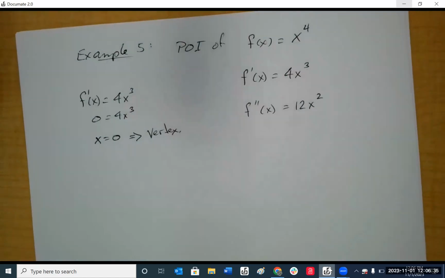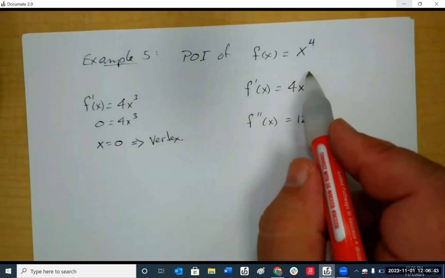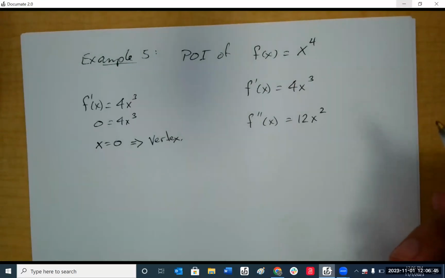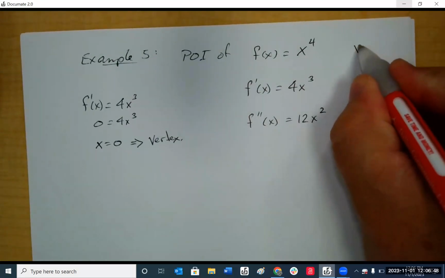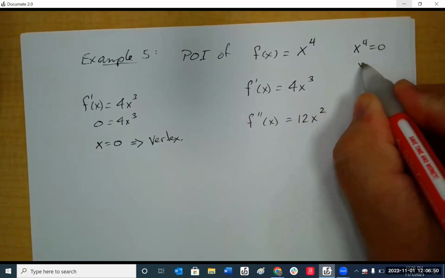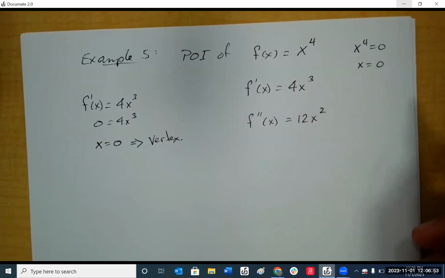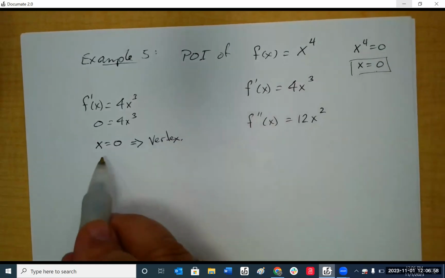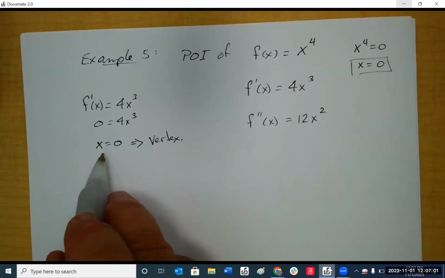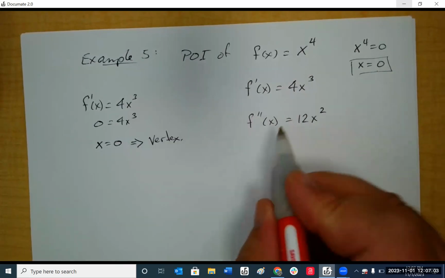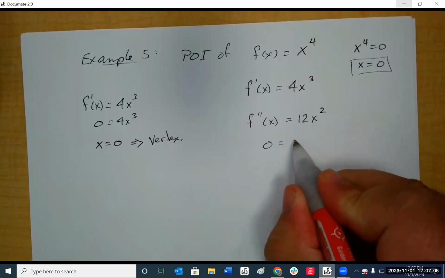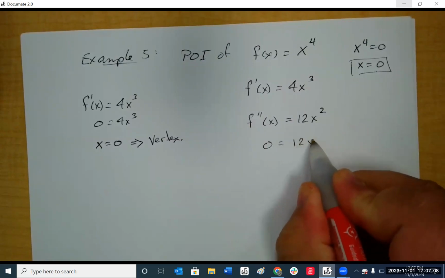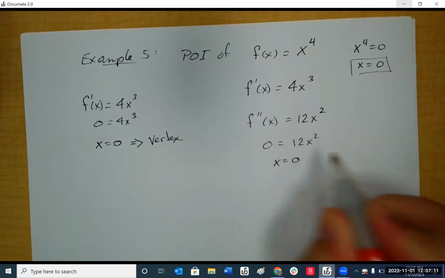We only have one vertex, and it happens at 0. What are our x-intercepts? We set those equal to 0. So the x-intercept happens at 0. The vertex is at 0. And do we have a point of inflection? It happens at 0.